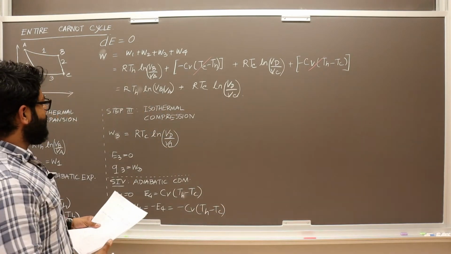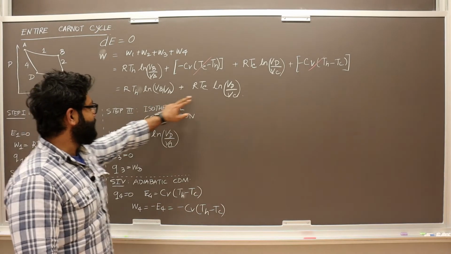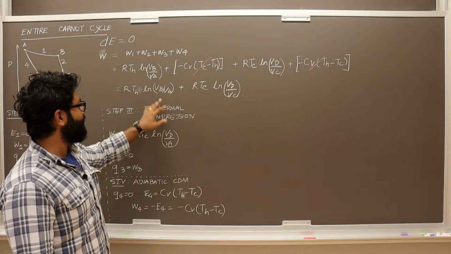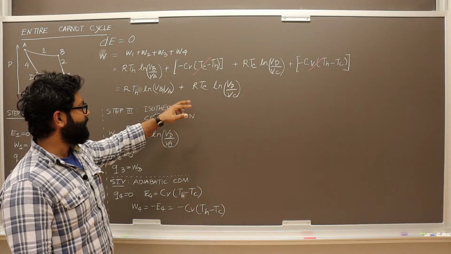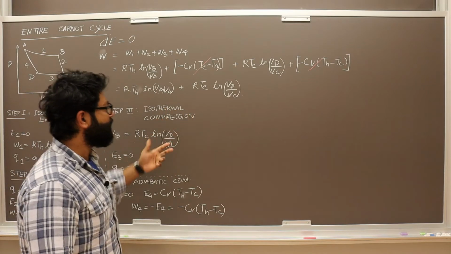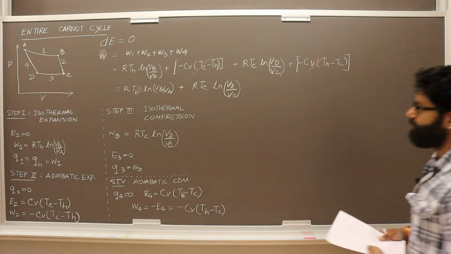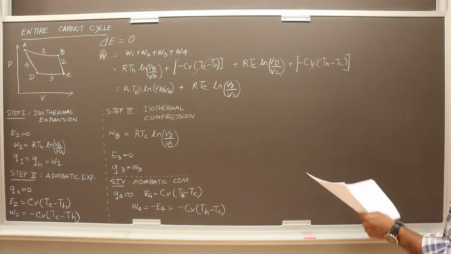Now, this is VB by VA, and this is VD by VC. If we can find a relationship between these two, then it would be really good. So let's try to find a relationship between these 4 variables.